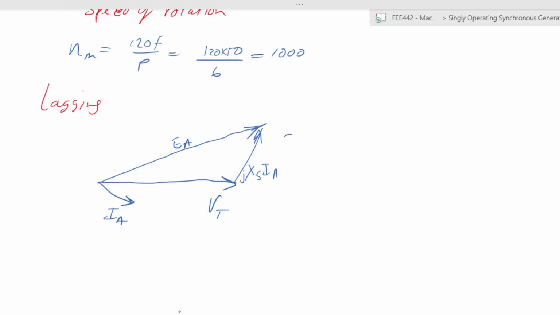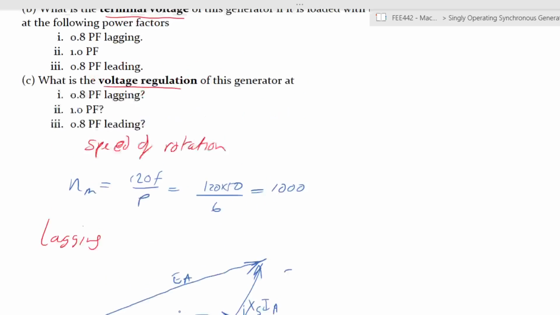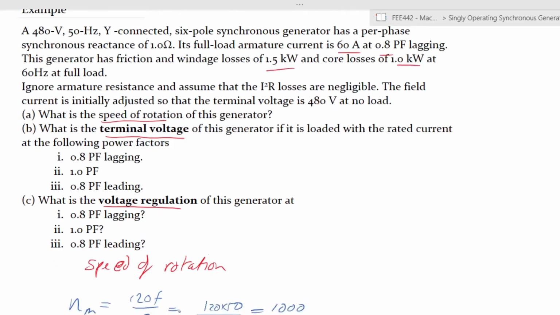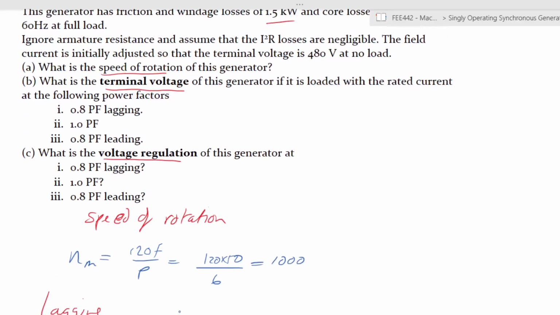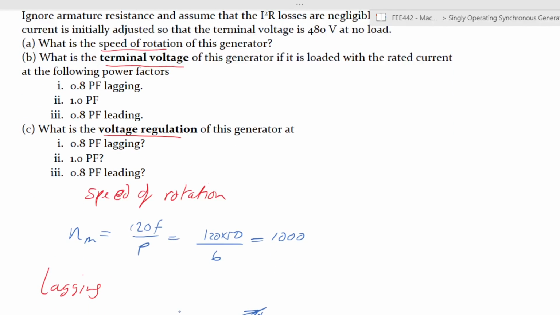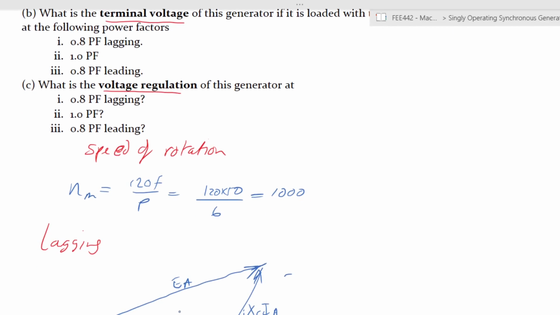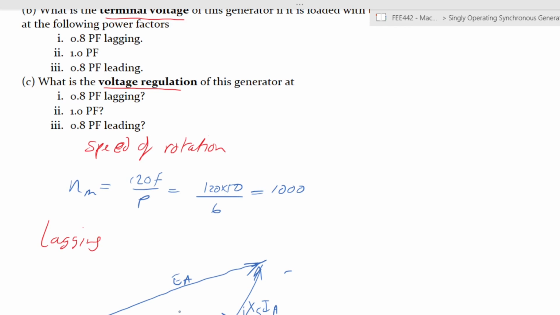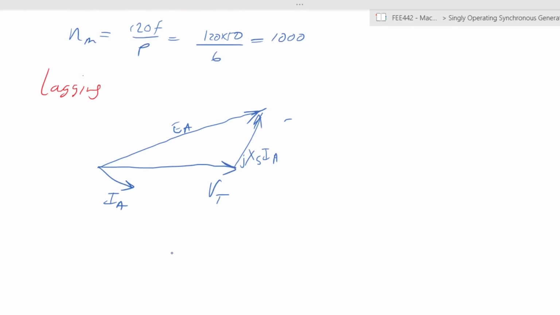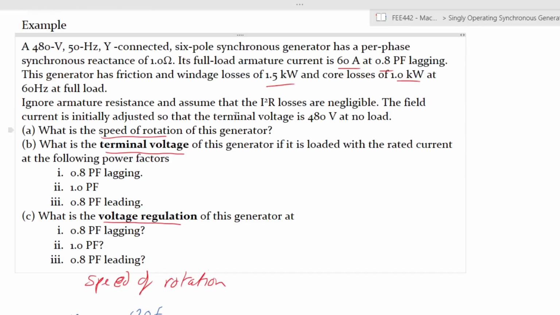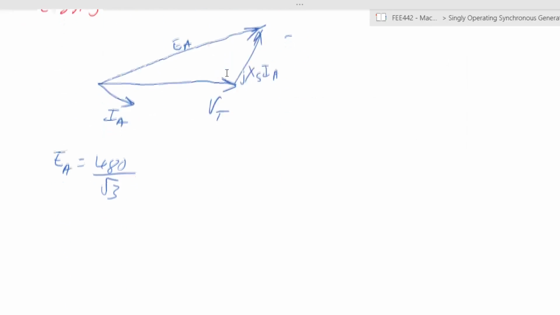Now, from the discussions that we had earlier, the value of EA will be 480 over root 3, which is the value that we have over here, right?